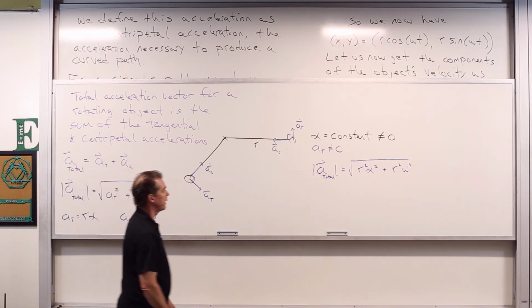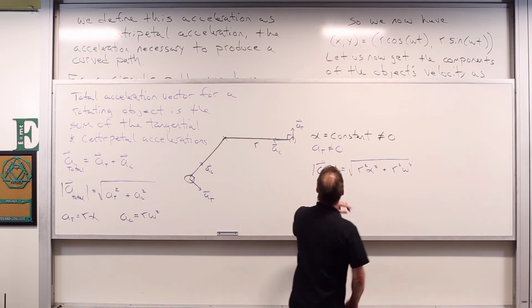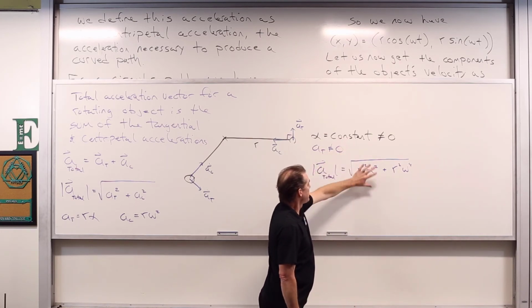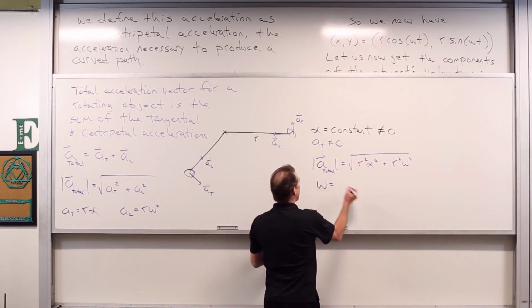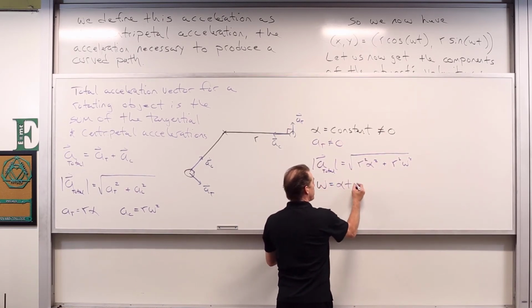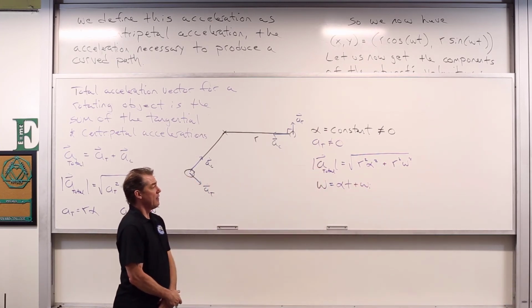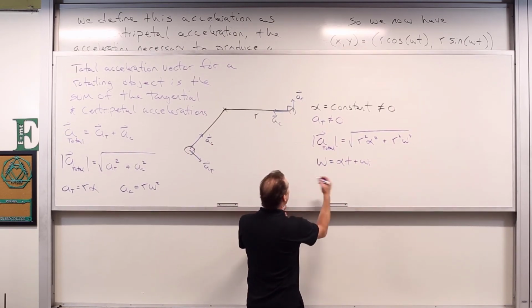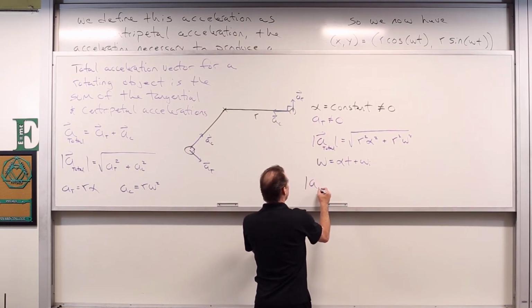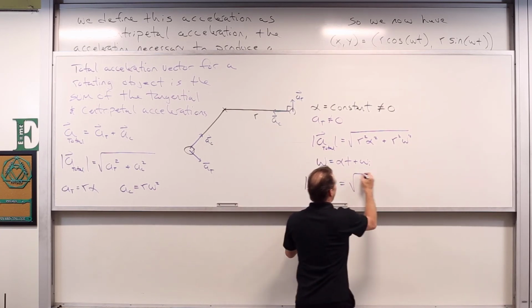So this is something that can be played around with. Now, if alpha is a constant, this particular portion is a constant, but omega is going to be equal to alpha t plus omega initial. Constant angular acceleration, that is omega as a function of time. So in the end, it's a little bit big, but not that bad.